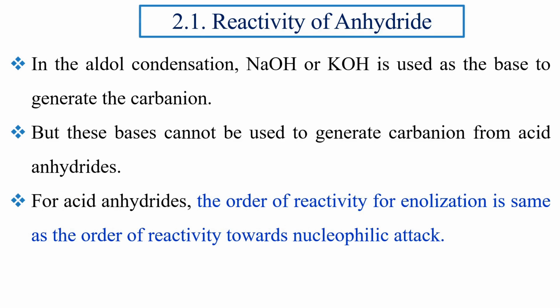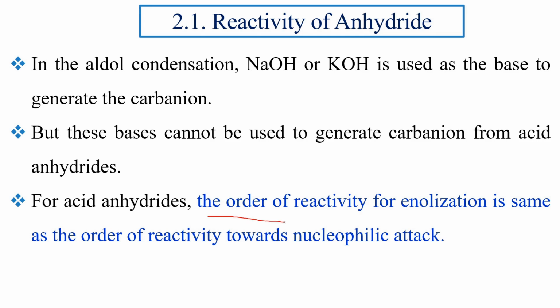The reason is, for acid anhydrides, the order of reactivity for enolization is the same as the order of reactivity towards nucleophilic attack. That means acid anhydrides can easily get deprotonated by base to become enolate ion, and if any nucleophile is around, they can be easily attacked by the nucleophile.